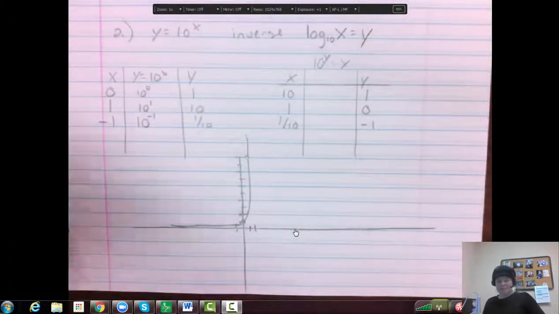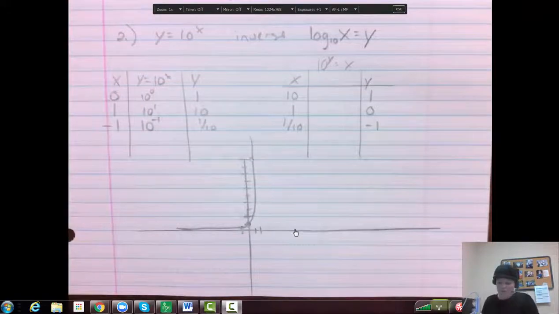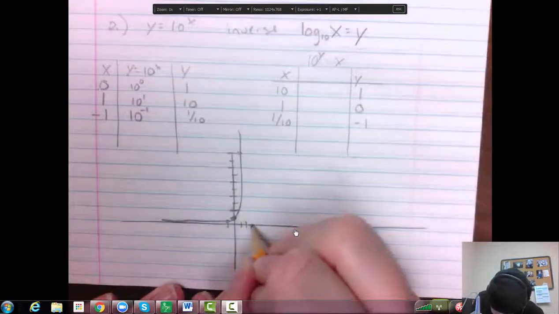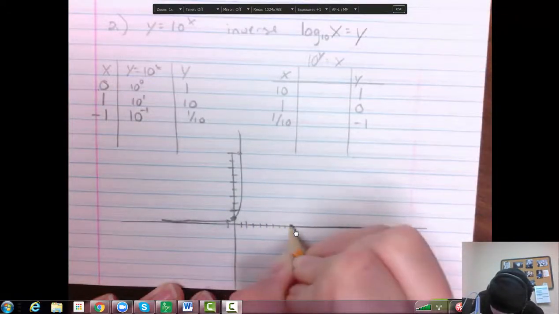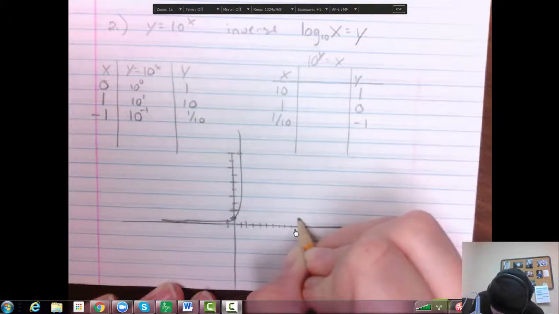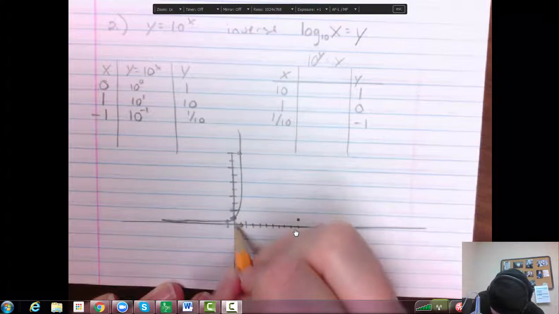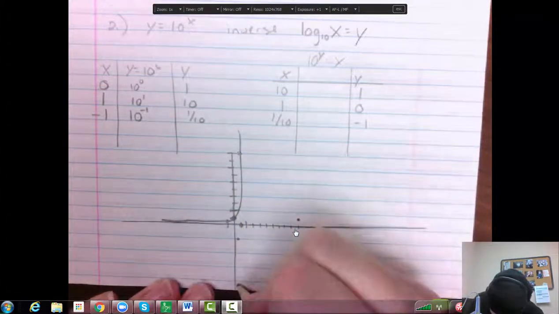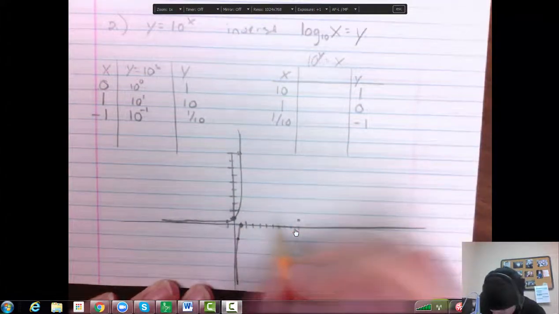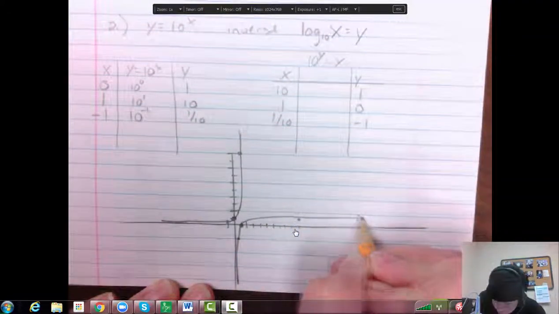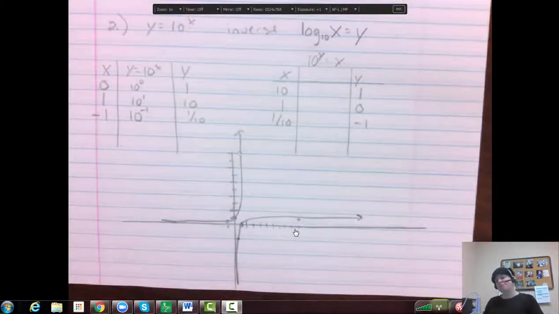Okay, and that's this one, and its inverse is going to go 10, 1, 2, 3, 4, 5, 6, 7, 8, 9, 10, 1. So 10, 1, 1, 0, 1/10, -1. So let's see here. There's that one. So there's our inverse.